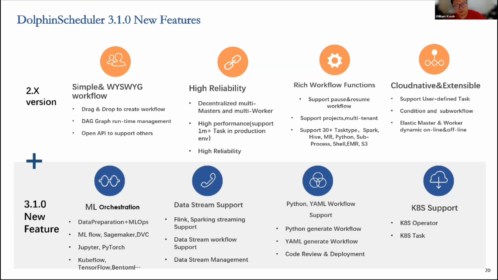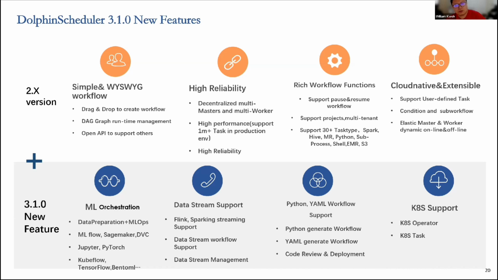The third feature is that if you are a Python person, you can use Python or YAML to generate DolphinScheduler workflows directly. That means you can do code review and deployment more easily.